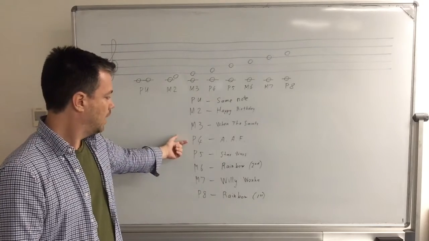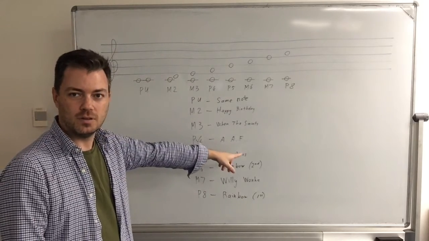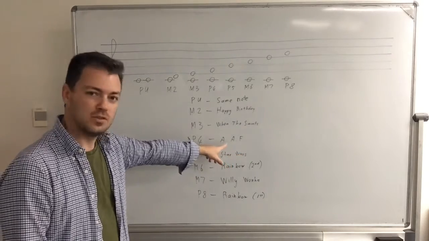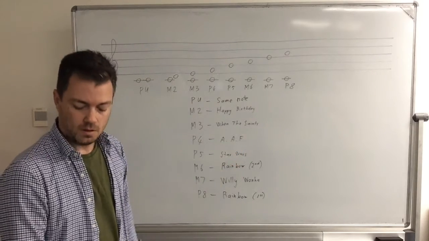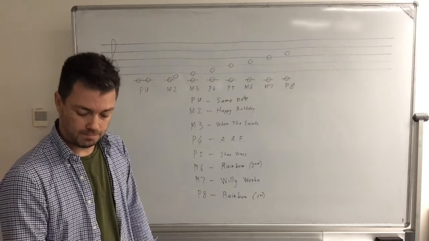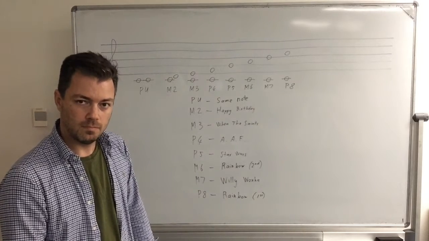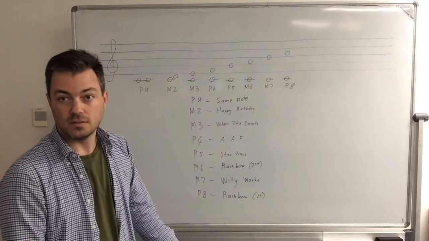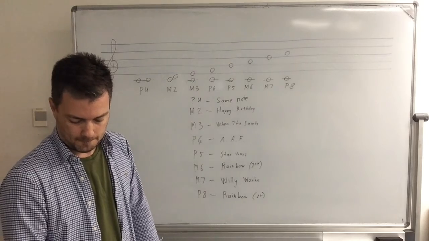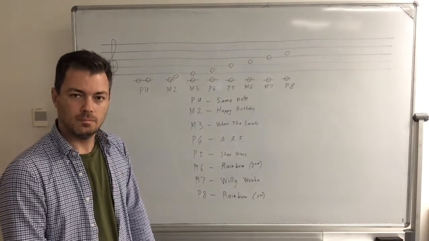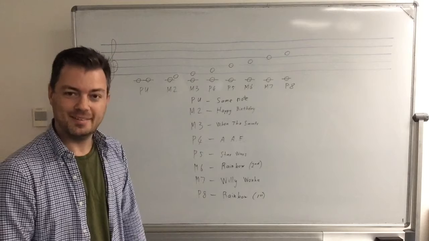Okay, let's keep moving. Perfect fourth, AAF, is Advance Australia Fair, so the national anthem. So this is a perfect fourth. And this is Advance Australia Fair. Sorry, slight mistake there.